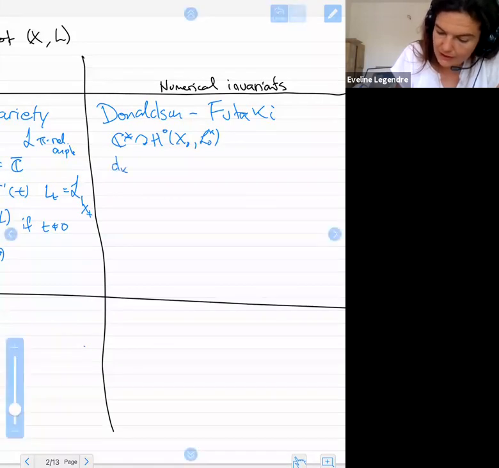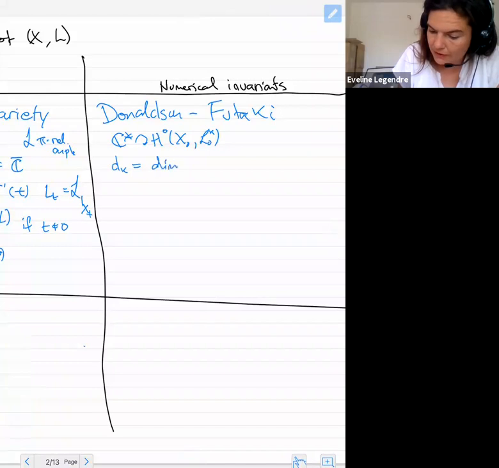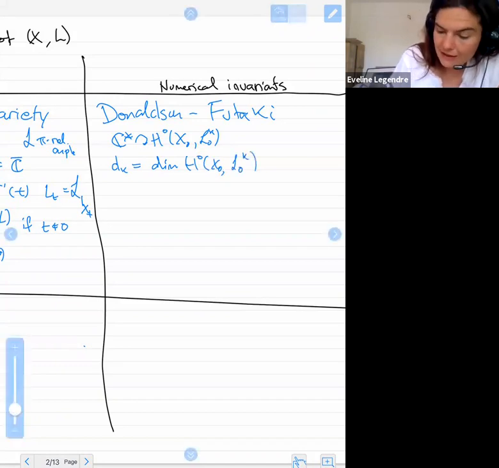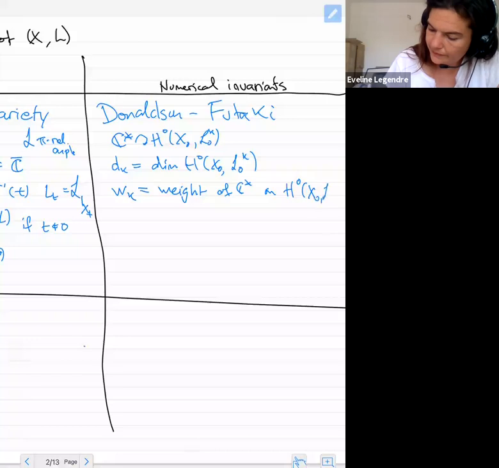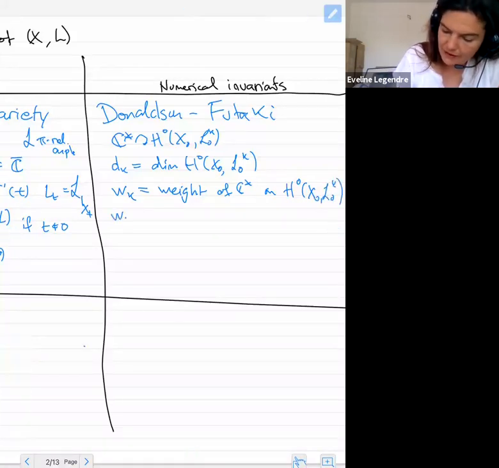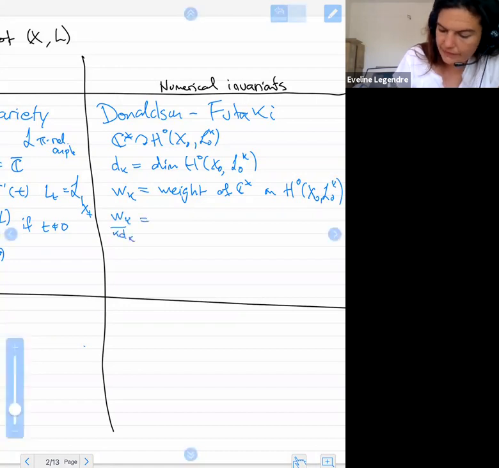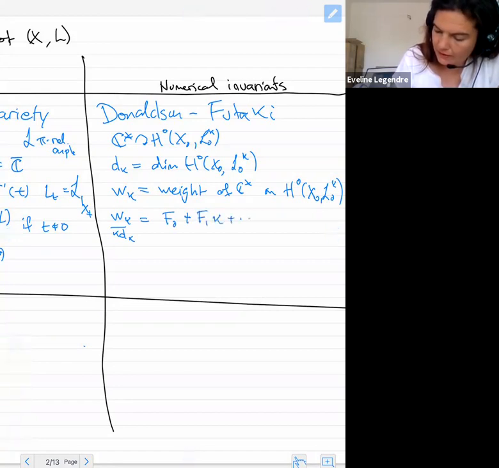More precisely, if d_k is the dimension of that space of sections, and w_k is the weight of C-star on that space of sections, then we have an expansion, with coefficient F_1 at order k. The Donaldson-Futaki invariant of the test configuration is minus 2 F_1.